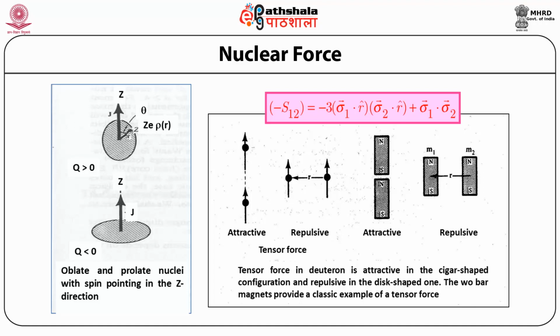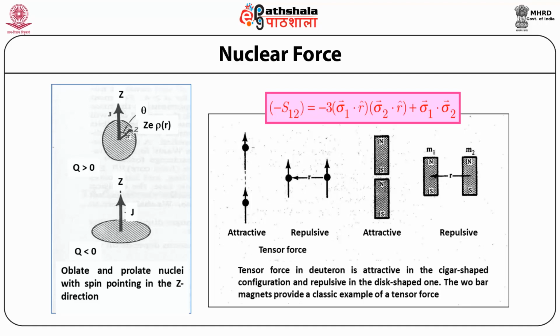It is observed that when the spins of the two nucleons within the nucleus are parallel, then they attract each other or repel each other depending upon the location of the spin. If the two particles are one over another, as shown in the picture on the left hand side, then they attract each other.